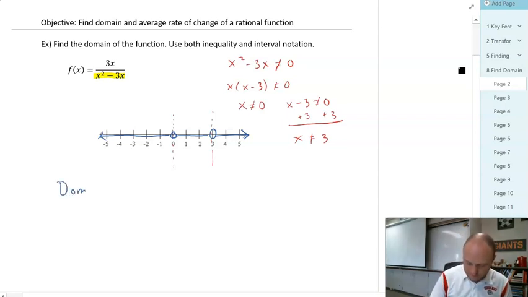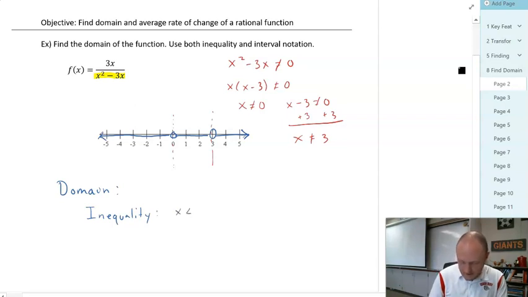I'm going to summarize that. So the domain, first I'll do inequality. It is going to be x is less than 0, that's this piece, or 0 is less than x, which is less than 3. That's this piece, right?